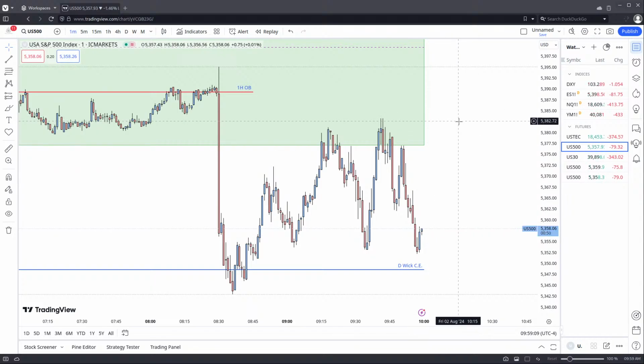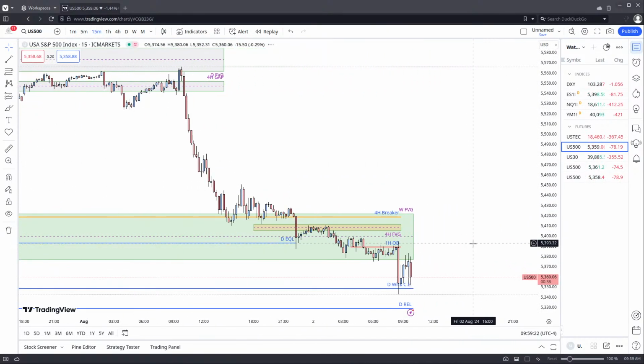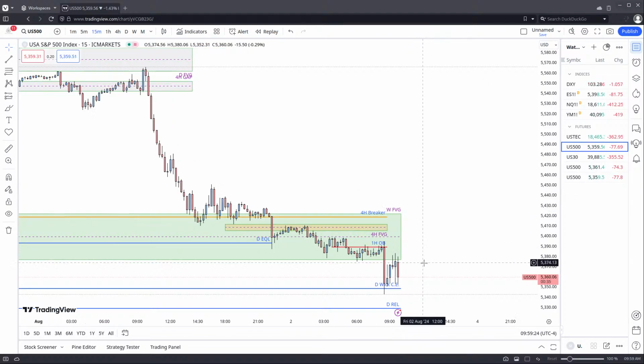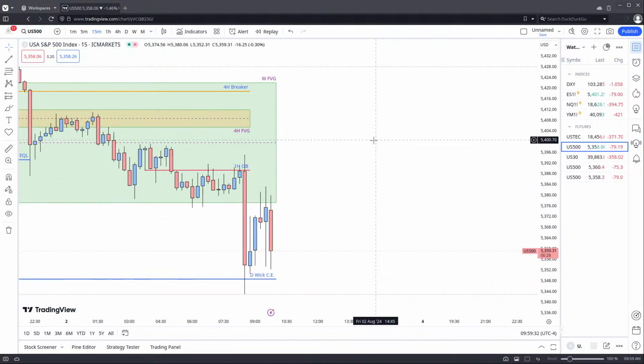If that does not clean things up, then I expect the PM session is going to get things cleaned up, and they're going to push it up into this range just to end the day off, and to take out everybody that was in a short position. They're going to take those guys out.